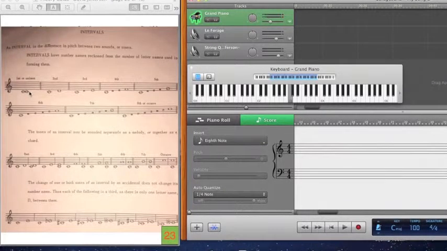As you'll see here, we have a first, or unison as they are called, second, a second, a third, here, a fourth, and remembering that the first note is always considered 1. 1, 2, 3, 4, 5.